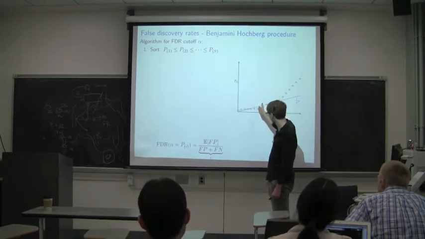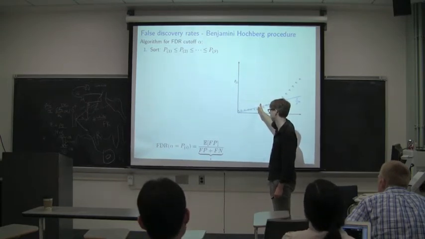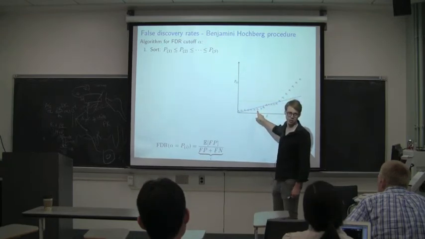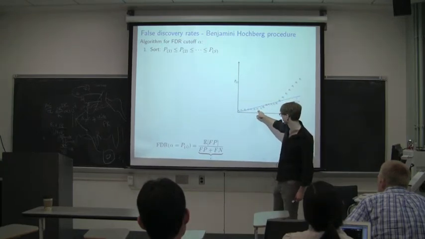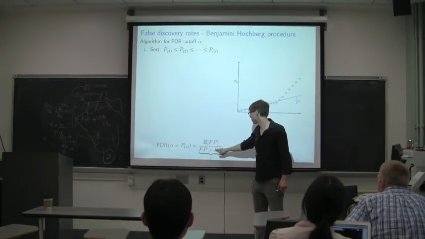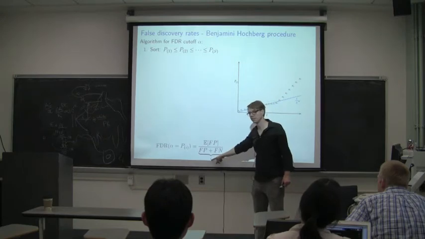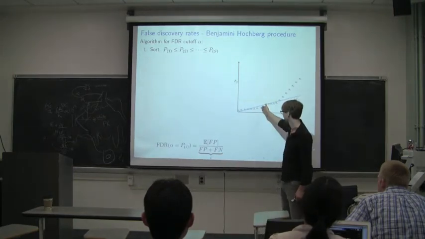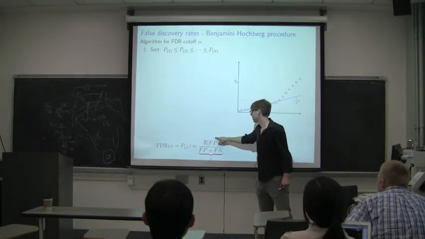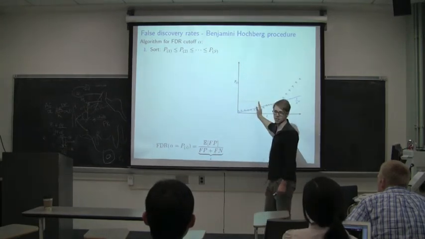So if you call everything up to there significant, then we know the number of positives, because it's just i. We have called this one significant, and everything that's smaller. So the number of positives is i at that point. The thing that we don't know is the expectation of the false positives in there.